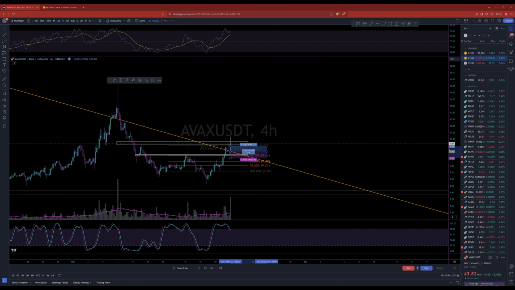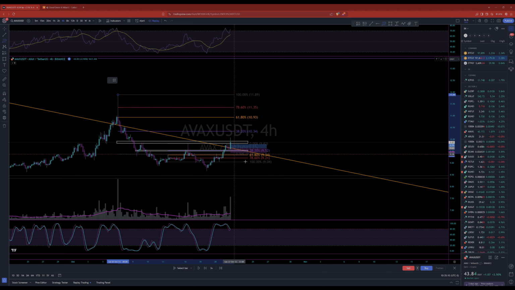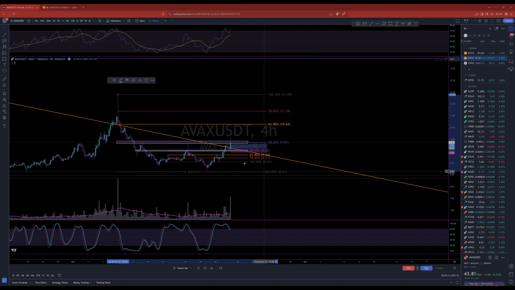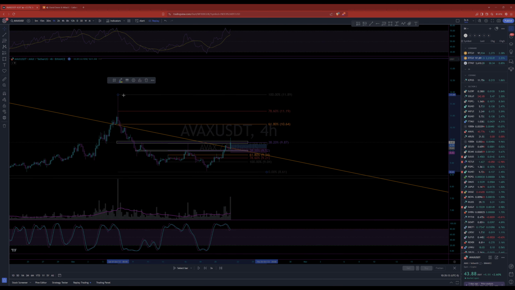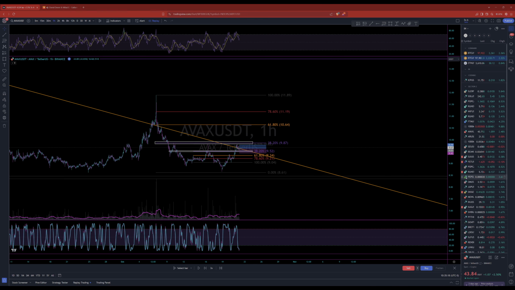So again, top to bottom on a higher time frame, the 1 hour. I don't know why I used the 4. Excuse me. So we can say our reward should be around here. 1 to 5 again.